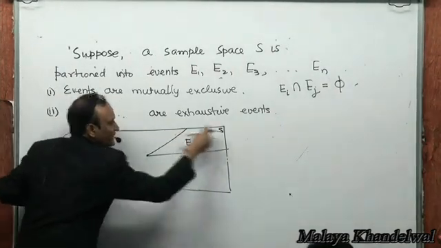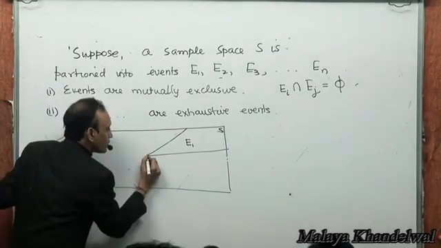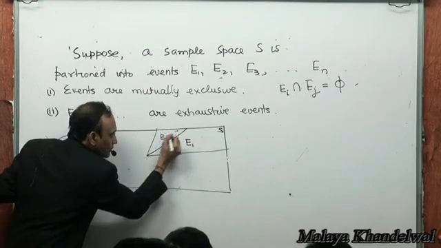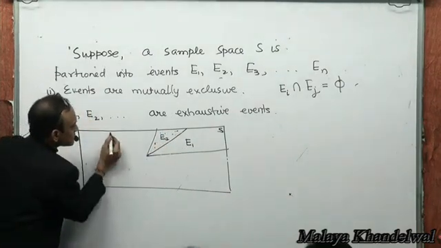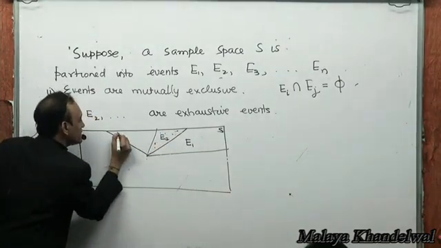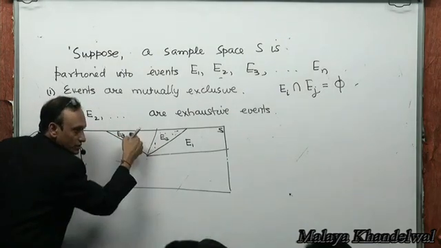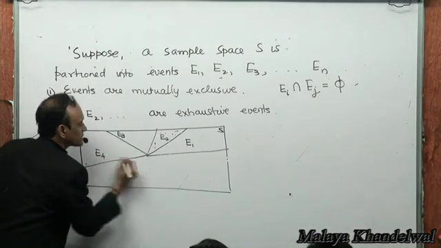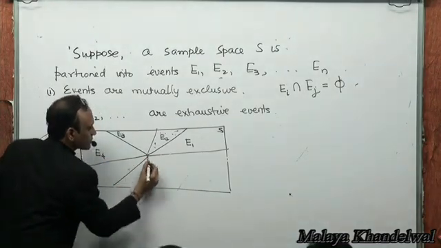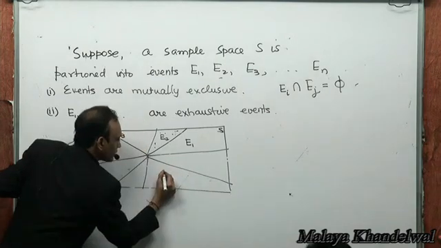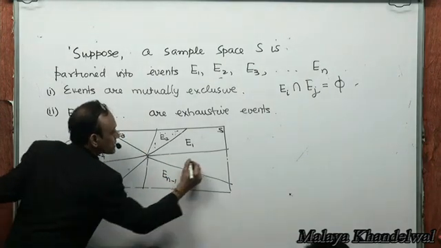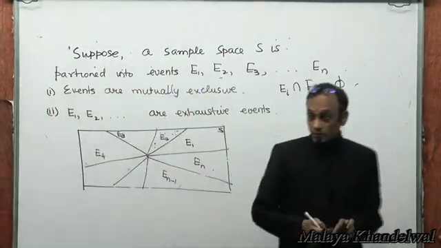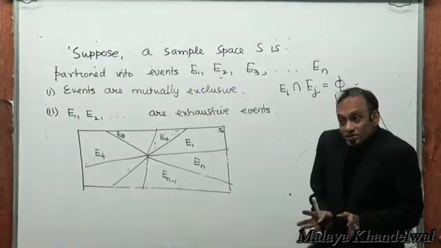This region is event E1 of the sample space, this region is event E2, this is E3, E4, up to En minus 1 and En.